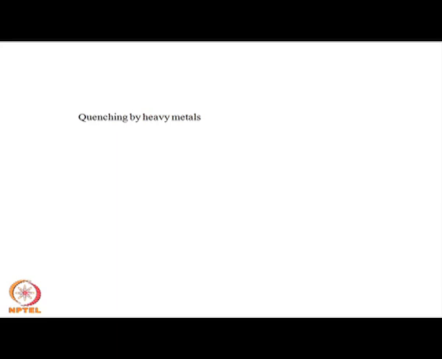Now, what is the role of heavy metals or heavy atoms in spectroscopy, especially fluorescence? Perhaps you recall earlier lectures where we discussed spin orbit interaction, and we also talked about it in our last lecture.